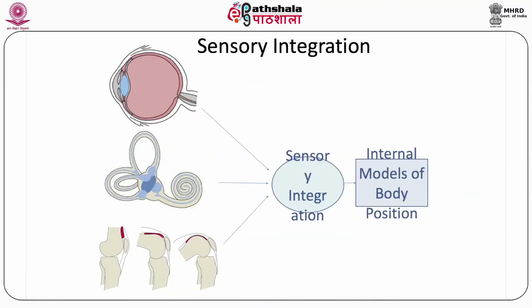Now sensory integration allows us to construct internal models of the body. One more thing it allows us to do is to construct a frame of reference. Whenever we are in the external world, we orient ourselves according to a particular frame of reference. One of the most common frames of reference we use is the gravitational vertical, as in what counts as the downward direction.